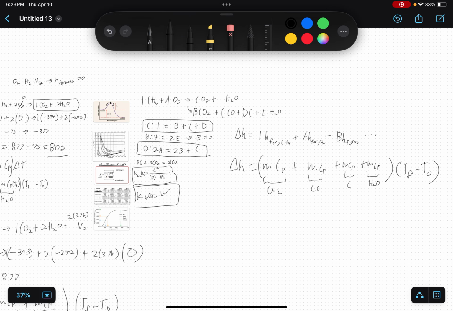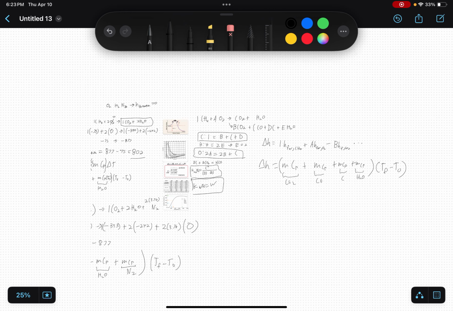It's a lot of equations, and you have to solve them all simultaneously, which kind of sucks, but it is possible.